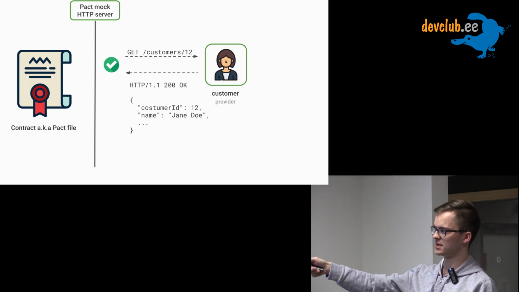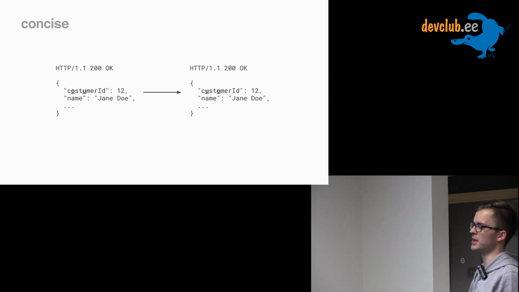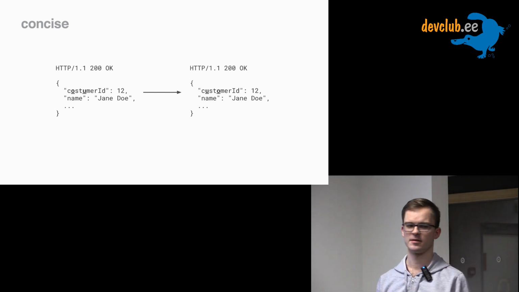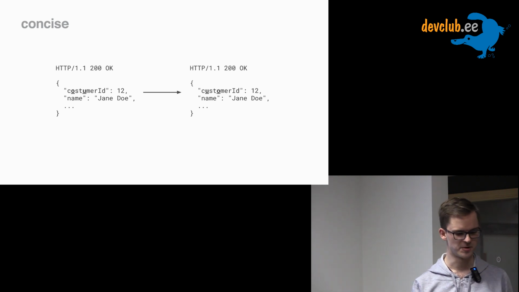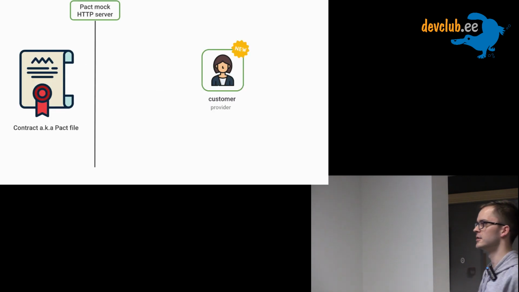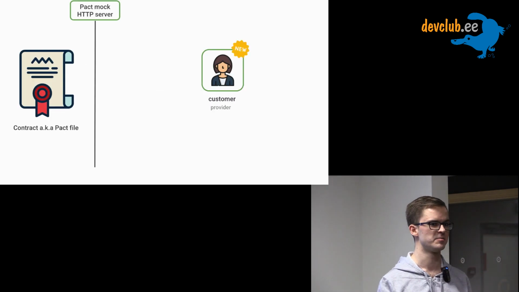Again, note that this is still the misspelled customer ID. But as we talked about previously, the customer team wanted to fix this typo, and they made a new build with the corrected field name. So let's see how this would have worked if they had used Pact.